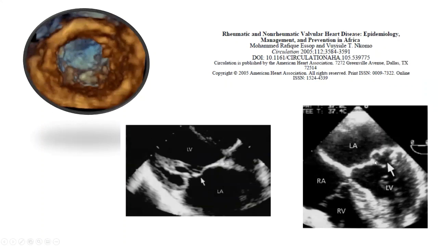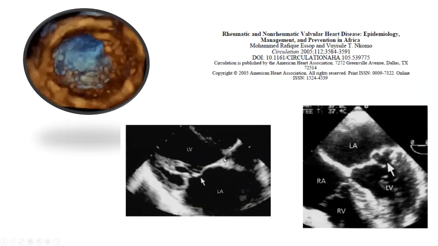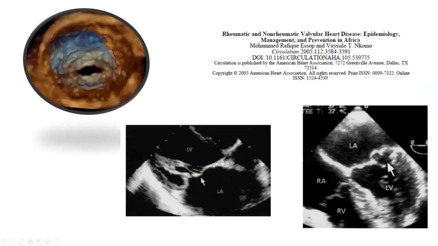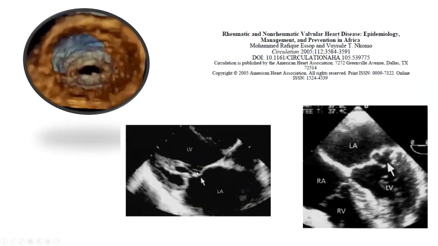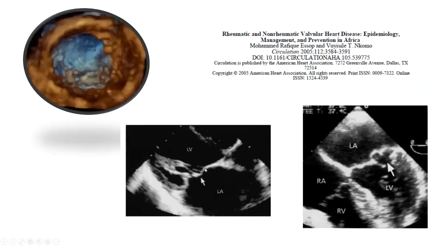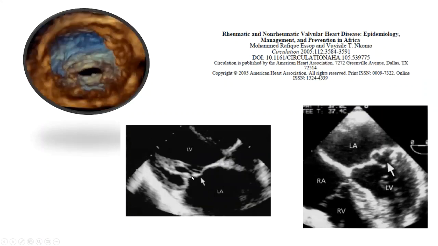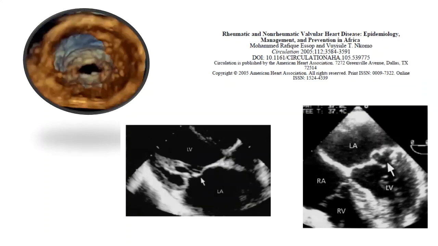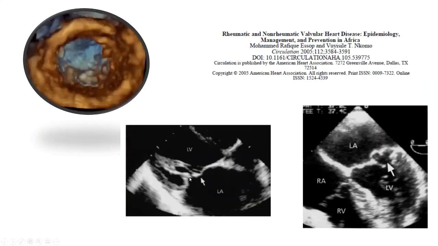If one sees relative prolapse of the anterior leaflet, this can actually be seen in rheumatic disease and is not necessarily indicative of myxomatous degeneration of the mitral valve.